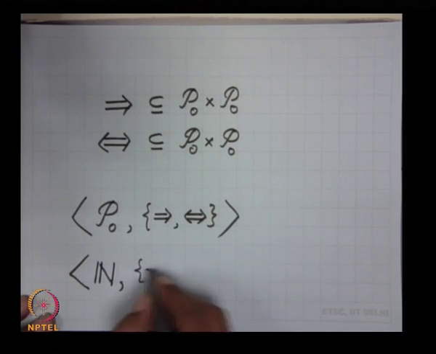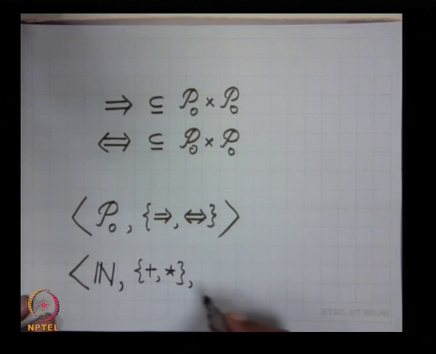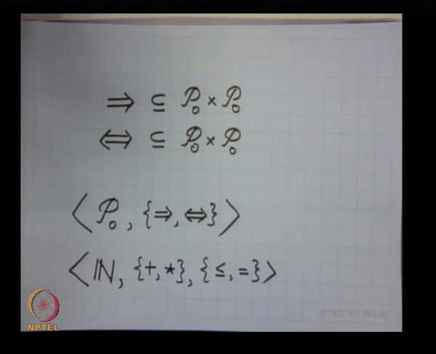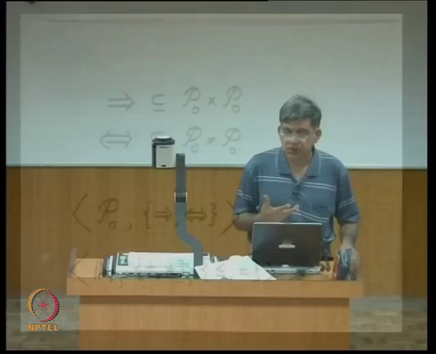There are two operators, let's say addition and multiplication, and then I might have these two relations. So this is an algebraic system, right? So I can take propositional logic P naught under logical implication and equivalence as an algebraic system with no other operators.